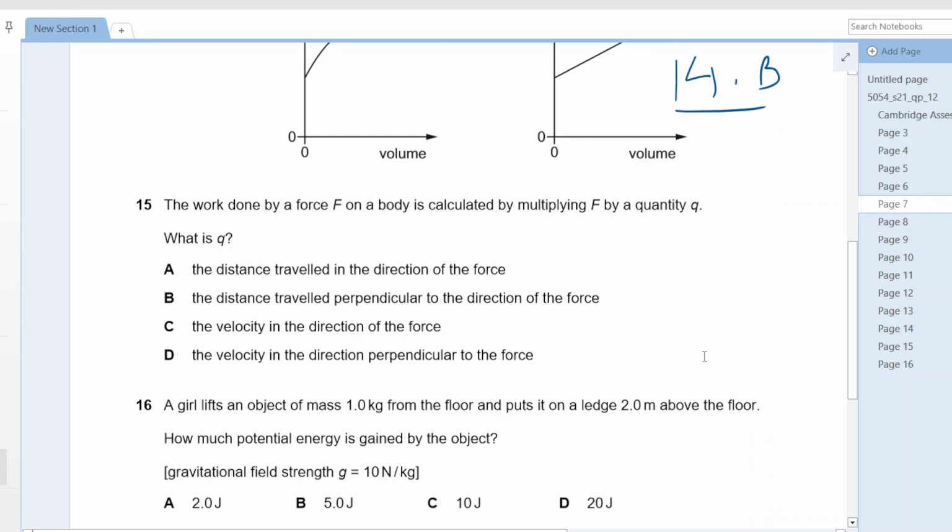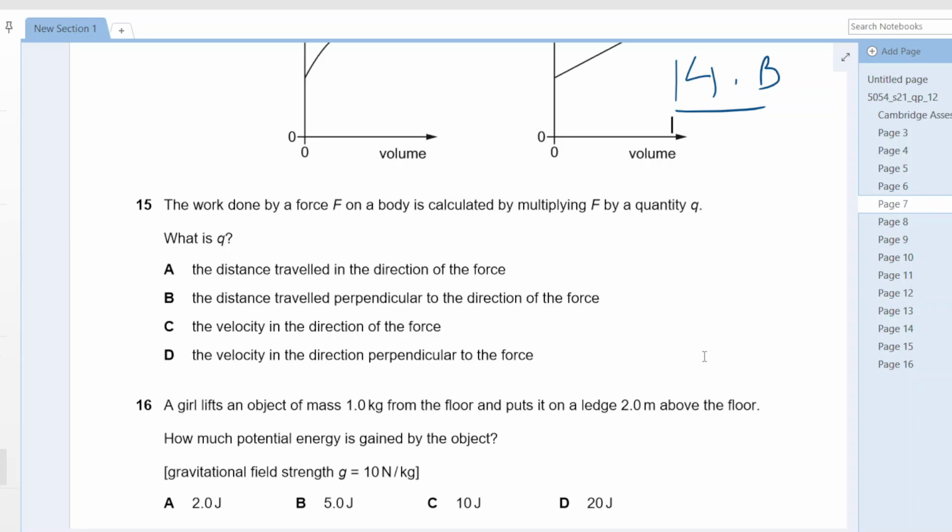At question 15, work done by force F on a body is calculated by multiplying F by quantity Q. What is quantity Q?